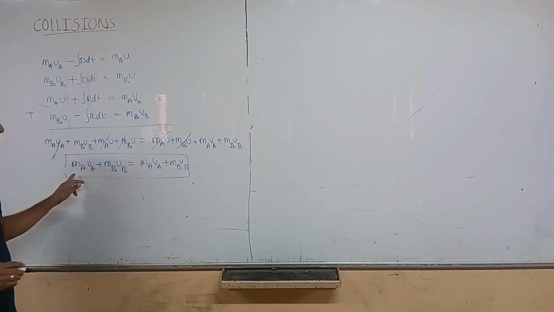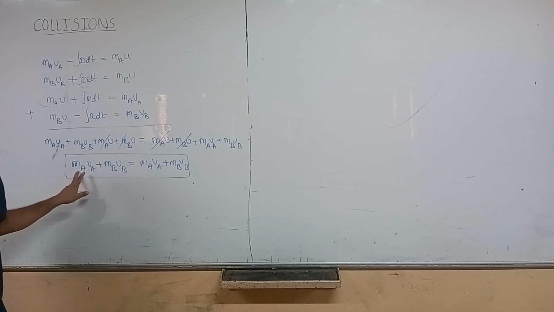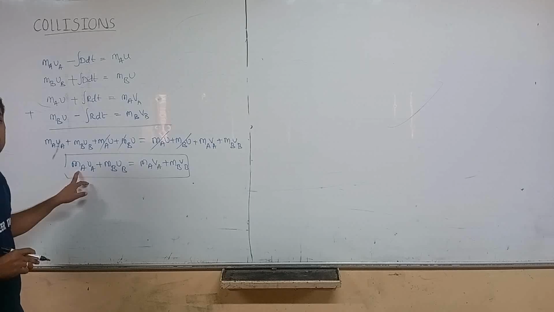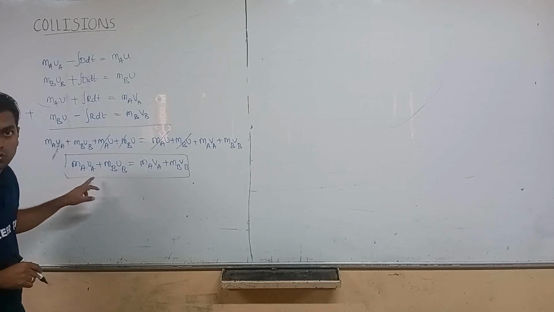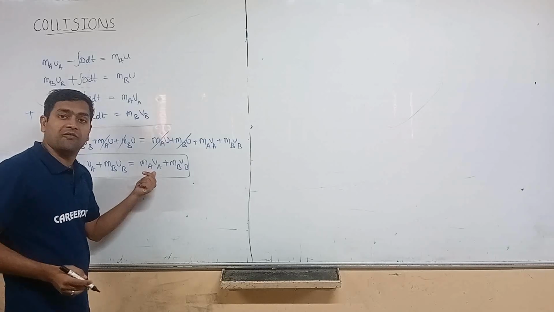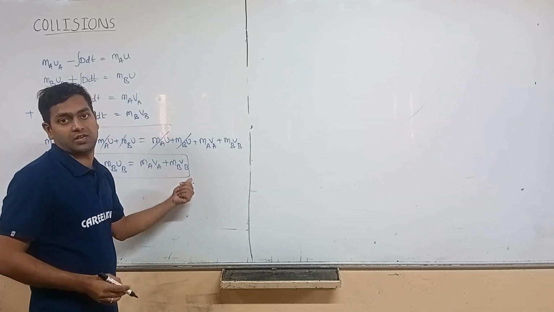Here, the initial momentum: we have taken two objects, two balls. The momentum of the two objects is MAUA plus MBUB, and the final momentum is MAVA plus MBVB.